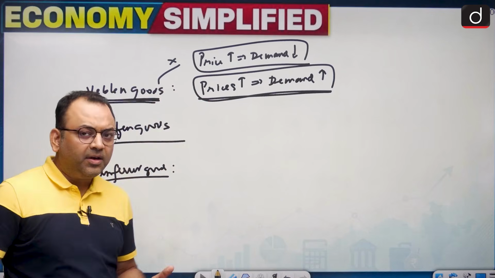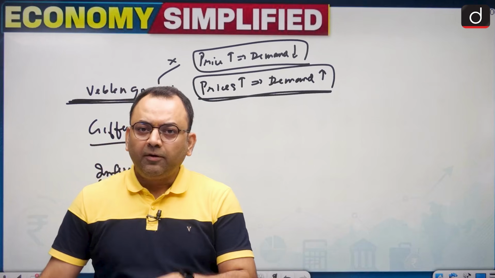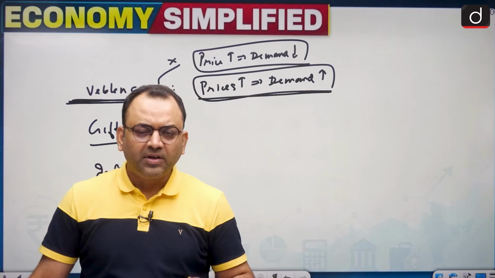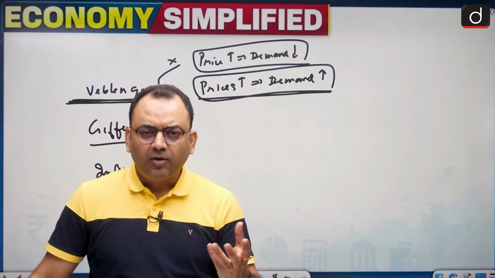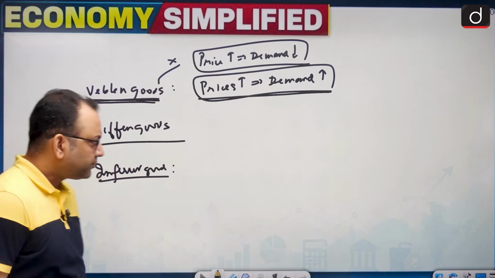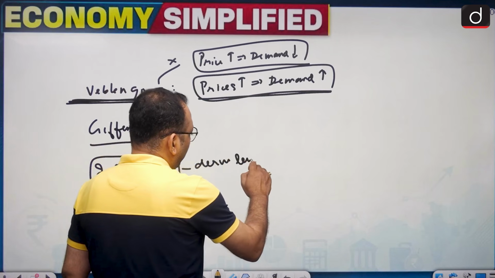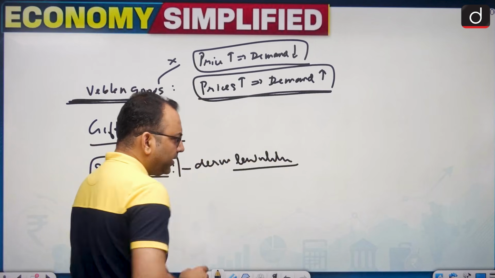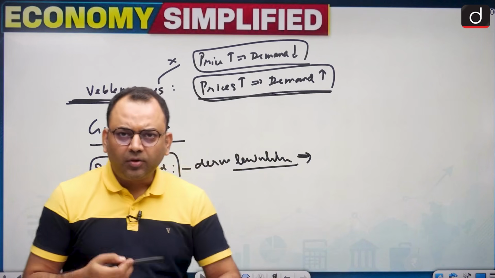But whenever the income increases, they will shift from the staple food to the high protein food, the high quality food, the biryani or the meat, eggs, etc. So these are the goods that derive low utility, but people with low incomes continue to consume those goods.